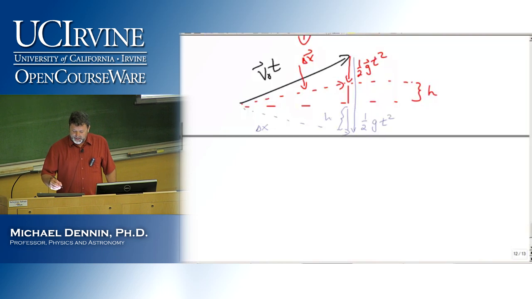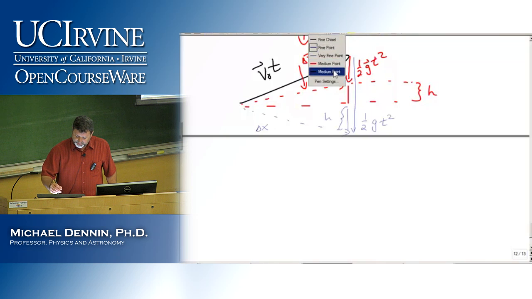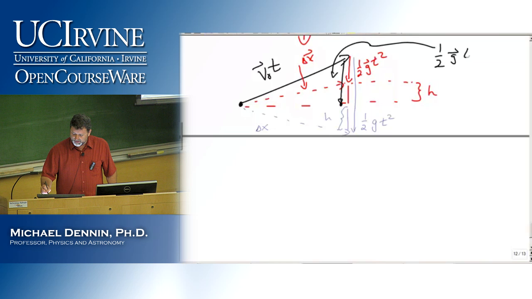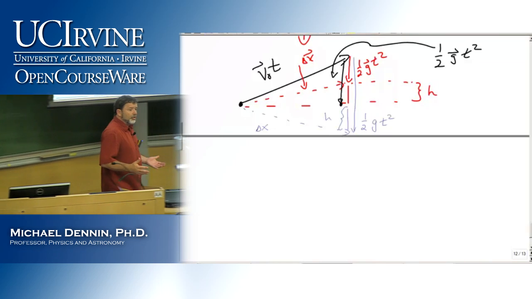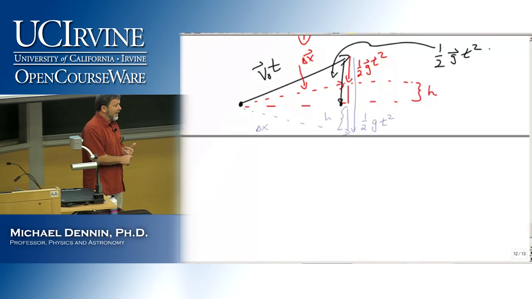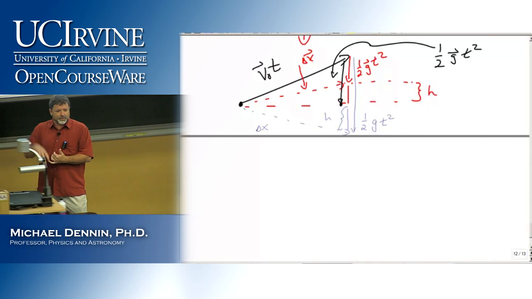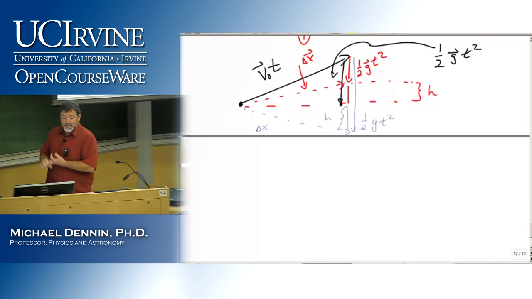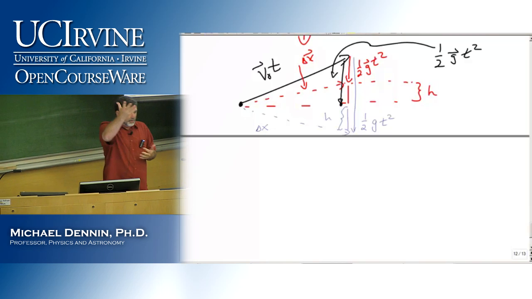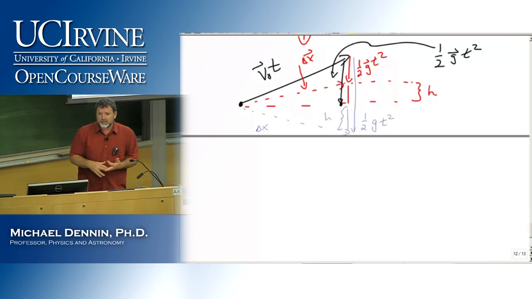And then every now and then, you have the special case where you end up at the same height as where you started. And that's 1/2 g t squared. And in the given problem, you might be told where you land, so you might know whether it's above or below and be asked for t. You might be given t and asked whether you end up above or below or at the same height.